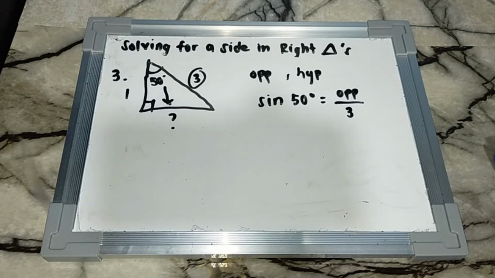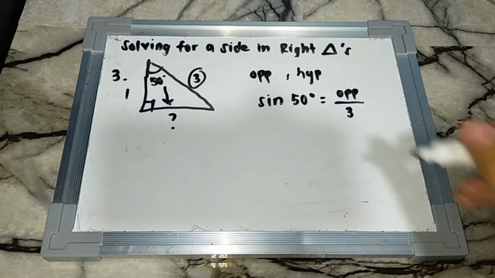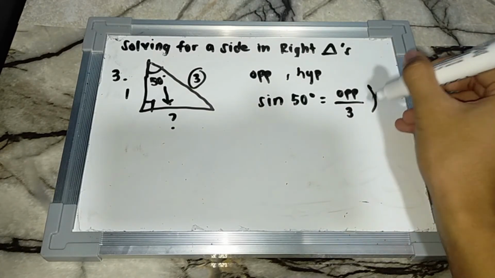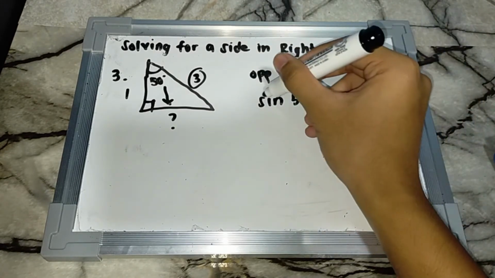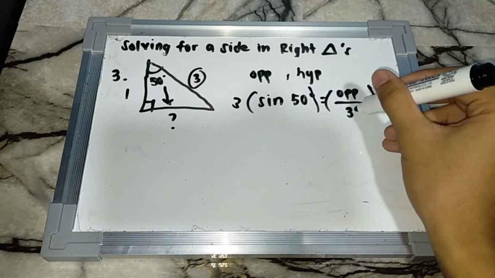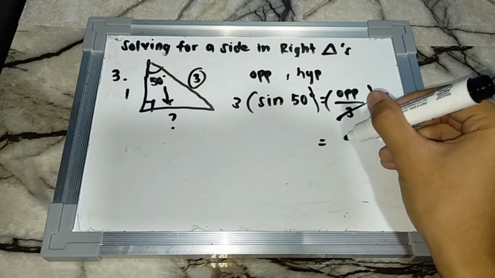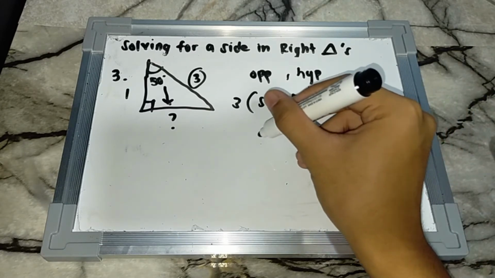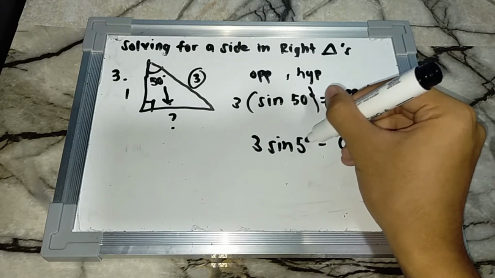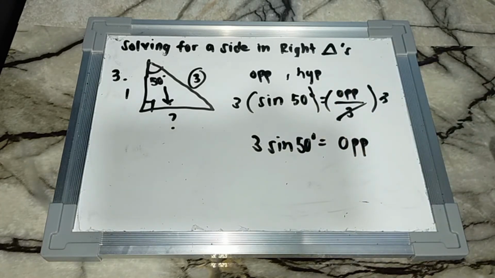So we're going to isolate the opposite on the right side. So we're just going to multiply both sides by 3. Cancel. So we have 3 sine 50 degrees.